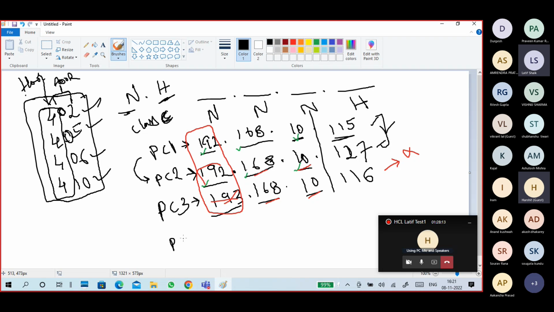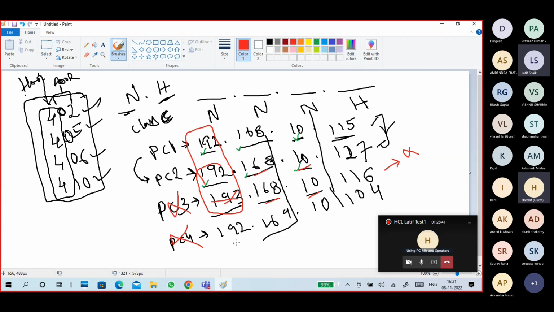Similarly, you take a PC4 and I put 192.169.10.104. Whatever the host is, you see this is a different 169, so it also won't communicate.